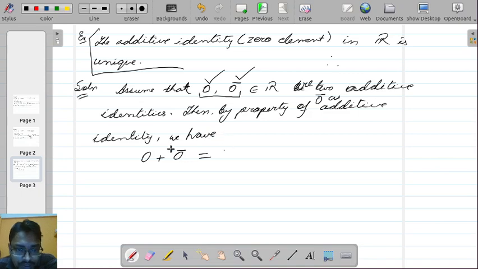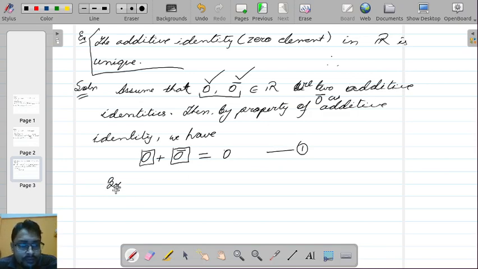Since this is the additive identity we are talking about, the 0 here will now act as any element. So any element plus 0 bar will be equal to the element itself. So 0 plus 0 bar is the same as 0. Let us write it as 1.